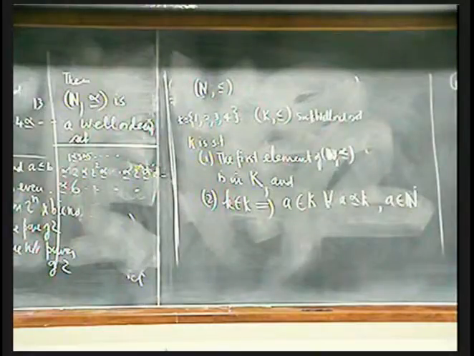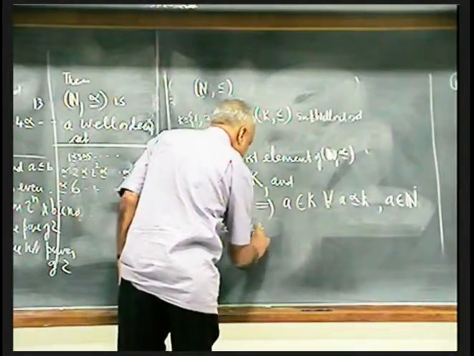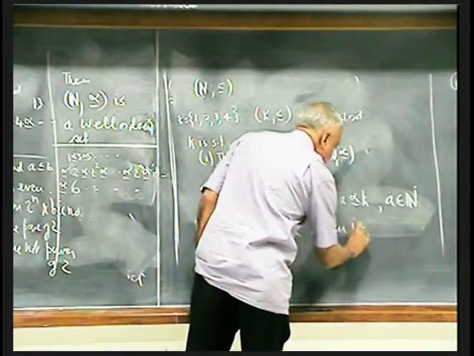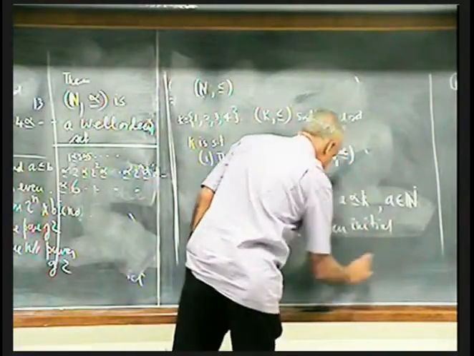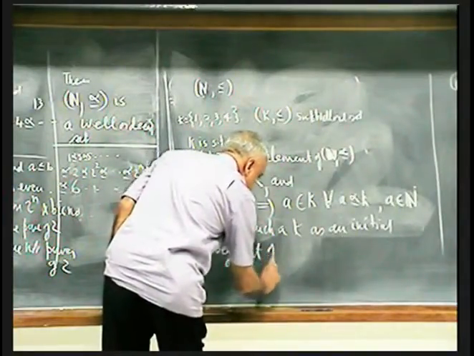So we will call it the initial segment of the well-ordered set. We call such a K an initial segment of the poset.